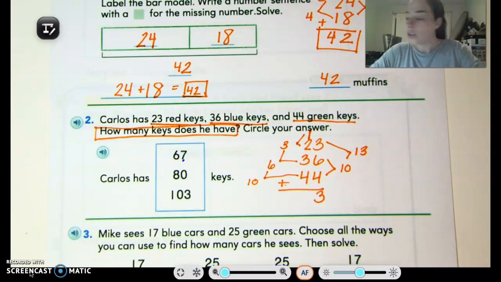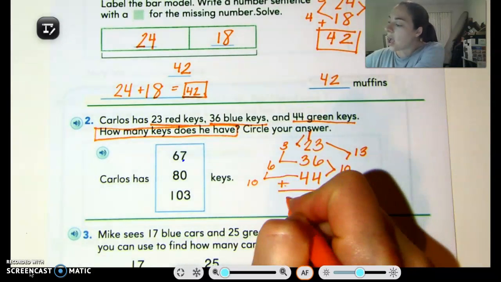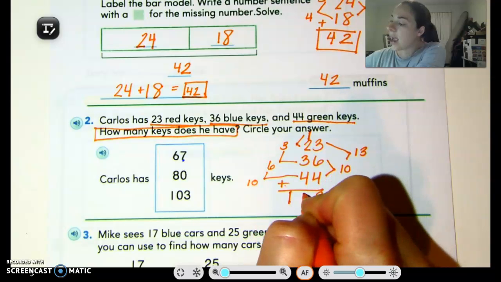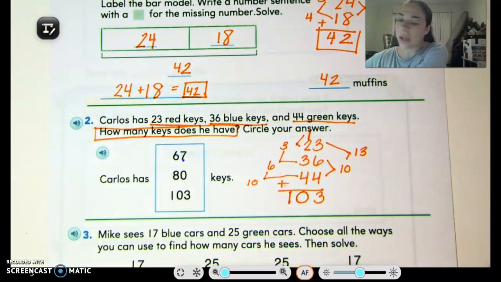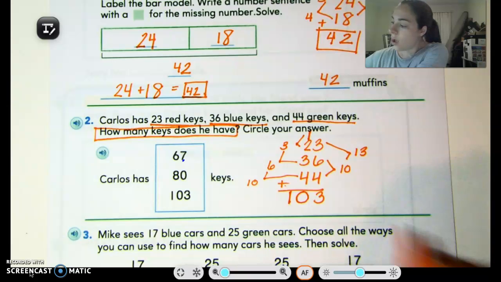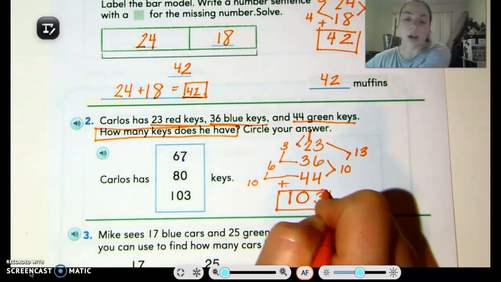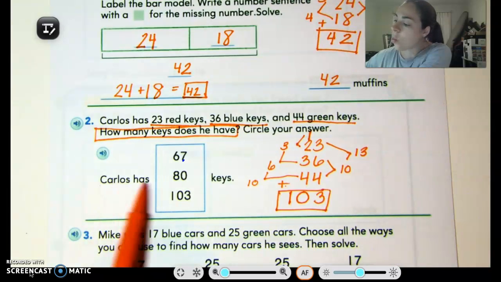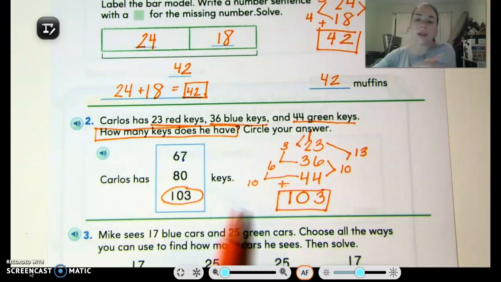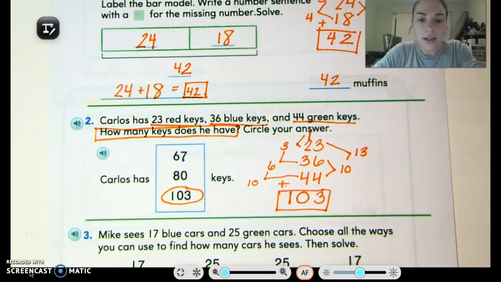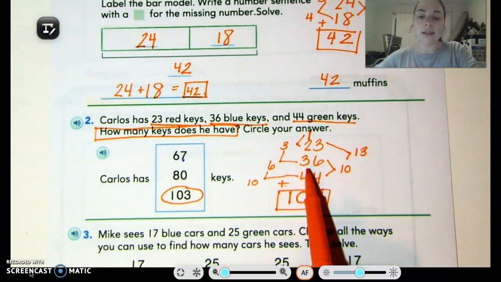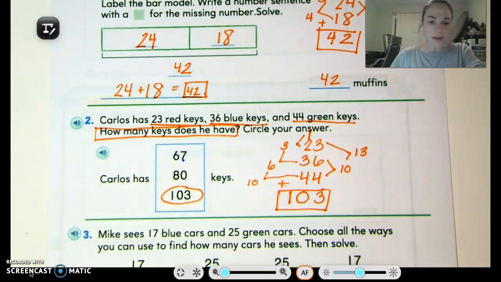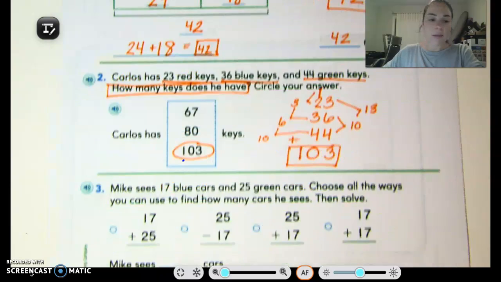So we're going to have a 1 in the hundreds place and a 0 in the tens place. What's our sum? 103. So Carlos has 103 keys. Give me a thumb if you feel pretty confident with adding 3 addends together. Okay, number 3.